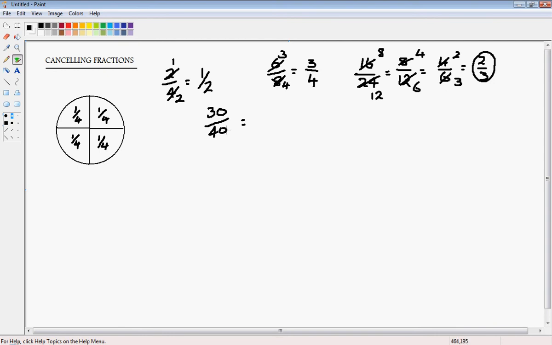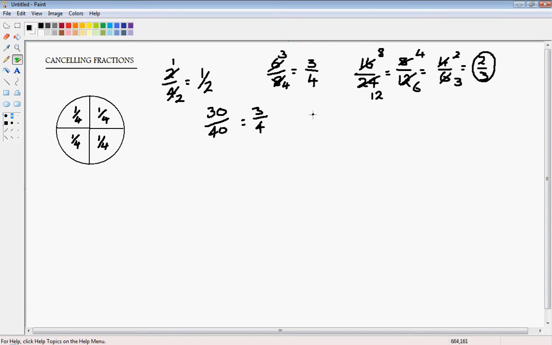You'll probably say it's 10. Okay, that's fine. 10's into 30 goes 3, 10's into 40 goes 4. Now we could have done it this way, dividing by 2, and we still would have got there, only it would have taken a little bit longer. But because you know that anything that ends in 0 is divisible by 10, we can cancel down quicker.